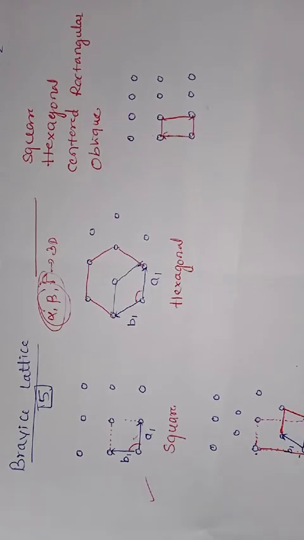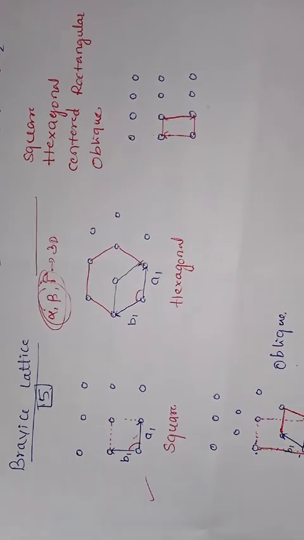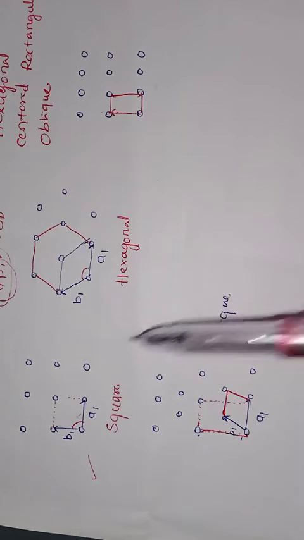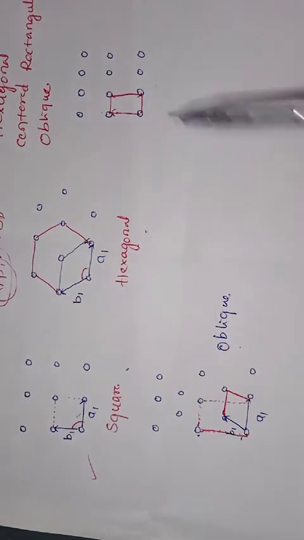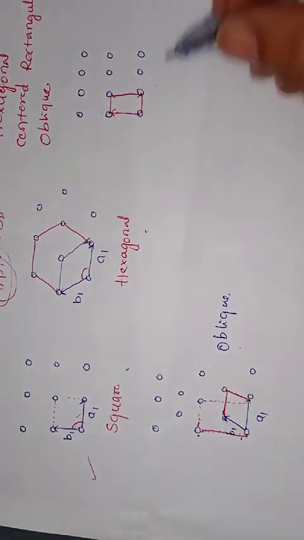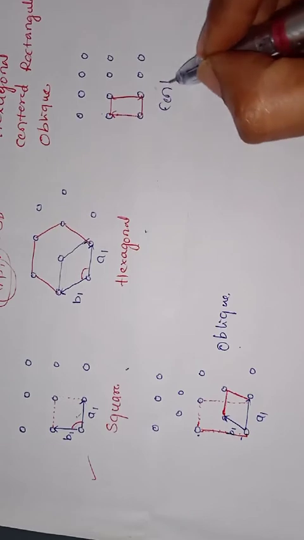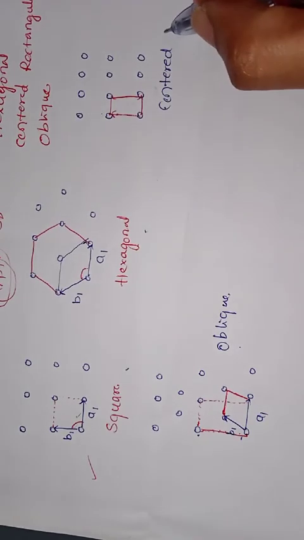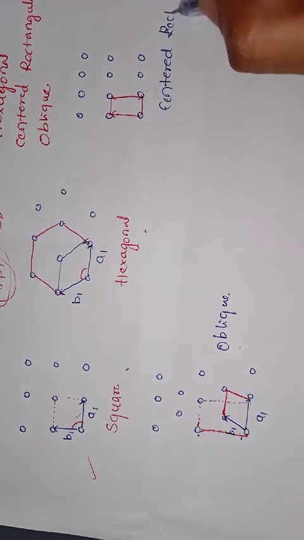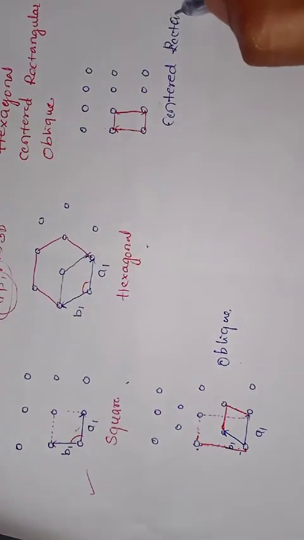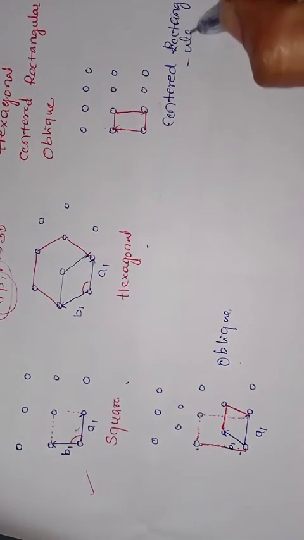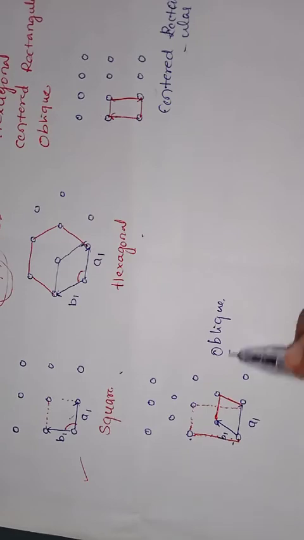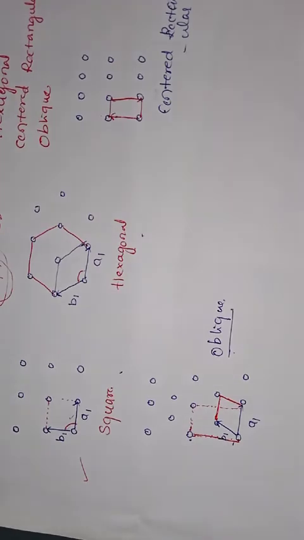This is the oblique one. These are the Bravais lattices: the first is square, then hexagonal, centered rectangular, and the last one is oblique.